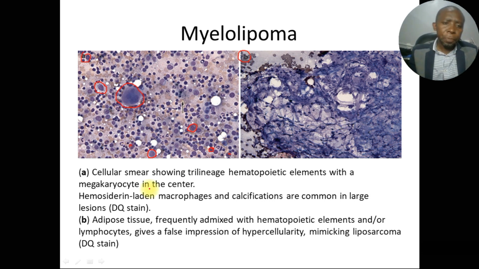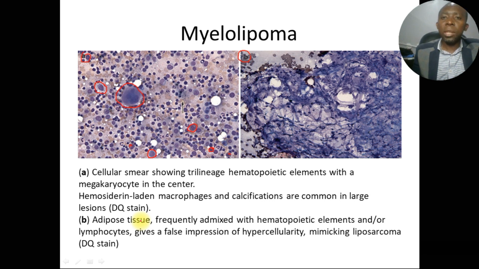In slide B, we appreciate that we have adipose tissue, which is frequently mixed with hematopoietic elements and lymphocytes, and this gives a false impression of hypercellularity, mimicking liposarcoma, which it is not actually.